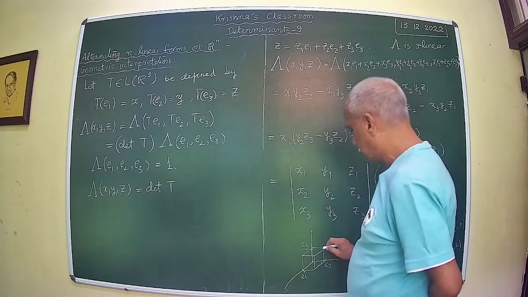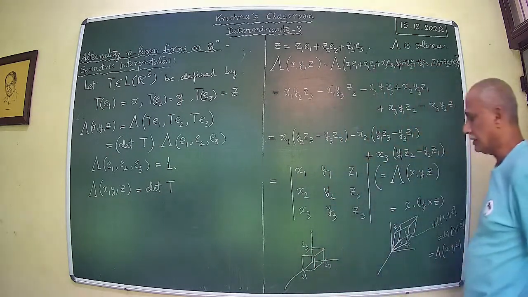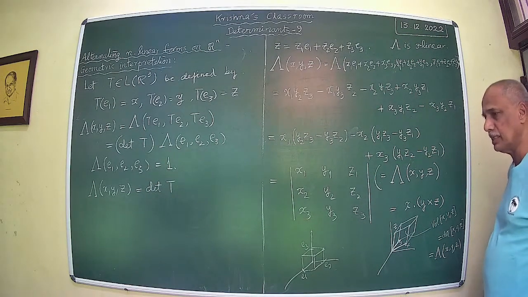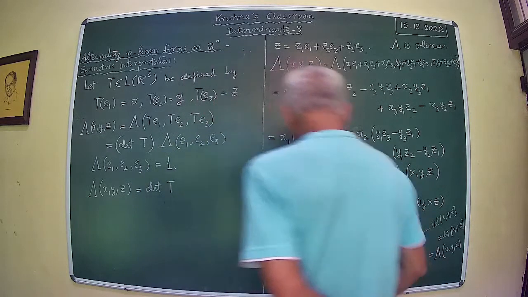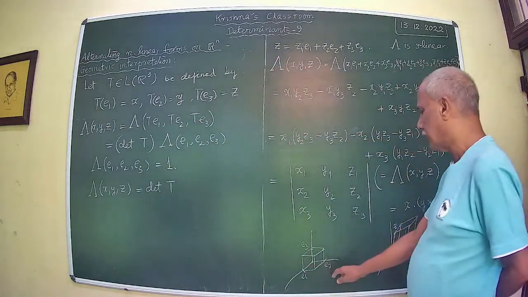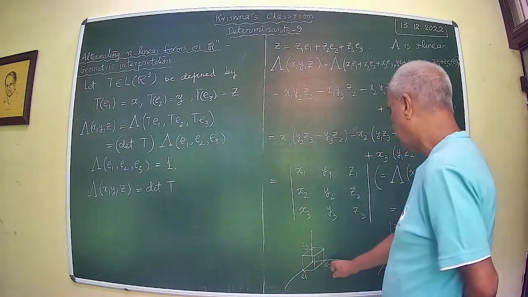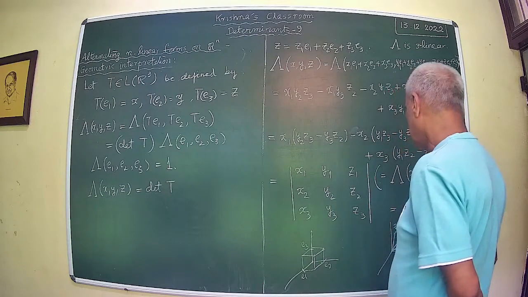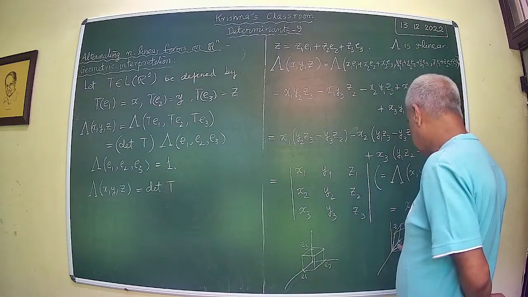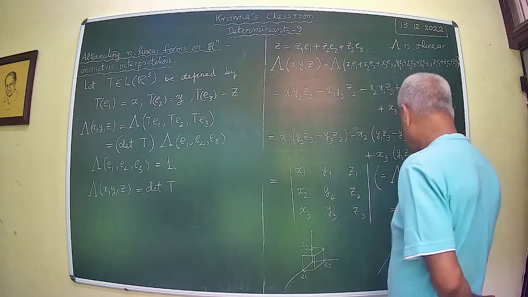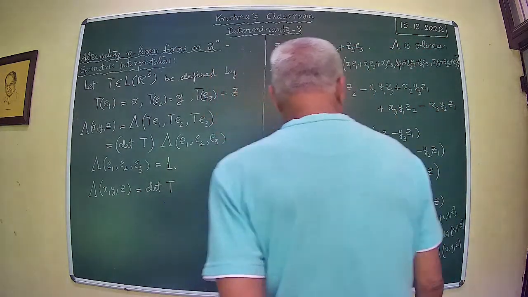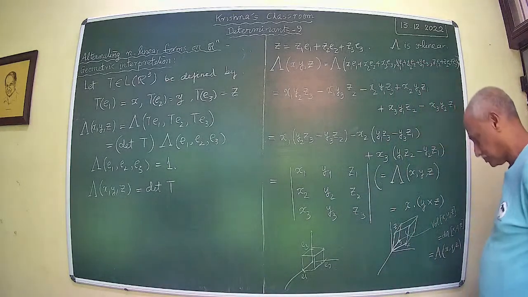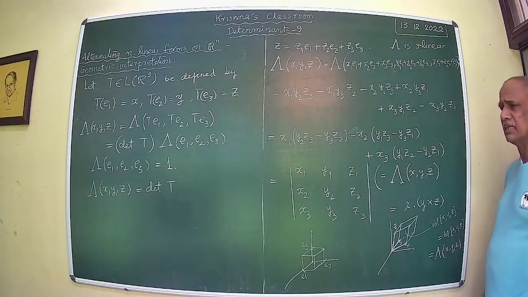Okay, this is the cube made by the vectors E1, E2, E3, which has volume equal to 1 unit. And then what happens is you are looking at the transformation T of E1, T of E2, T of E3, that is given by x, y, z. And look at the parallelepiped that is determined by these three vectors.